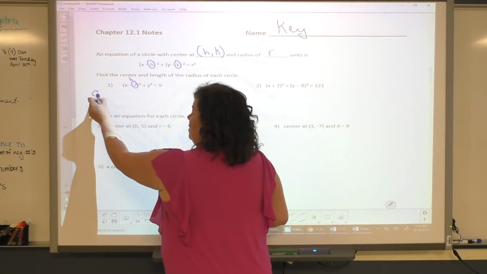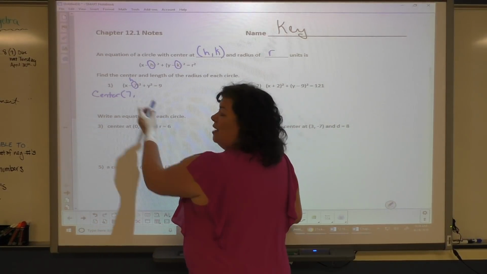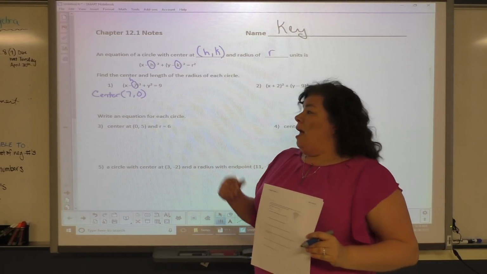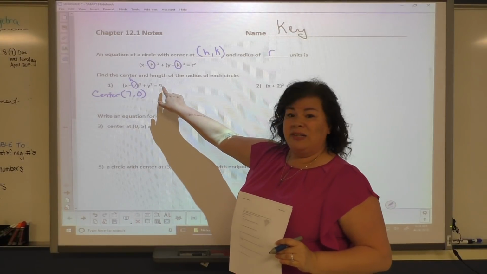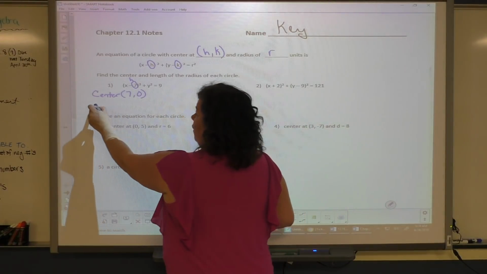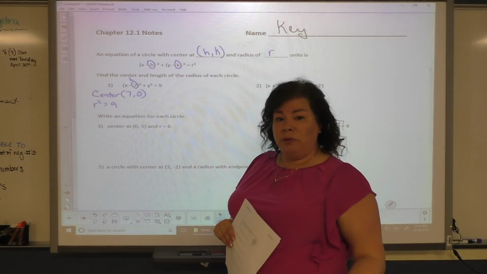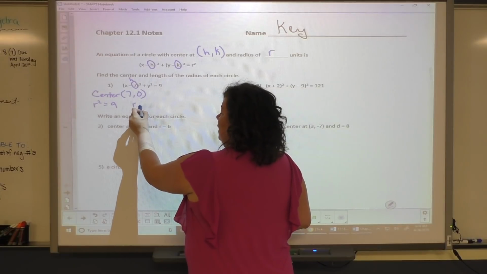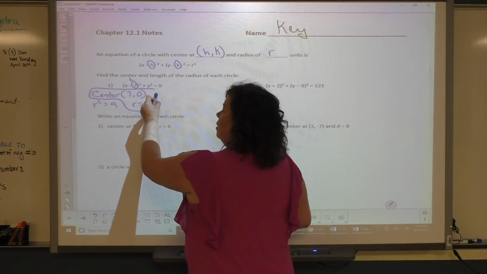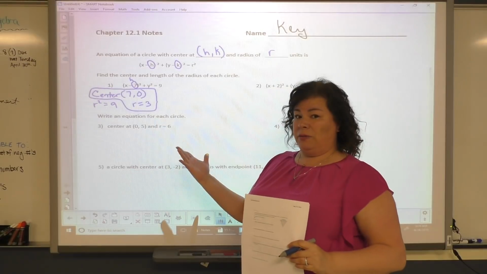So let's identify that our center is going to be 7, 0. And then our radius squared is 9 because that's part of the formula. So if our radius squared is 9, if we take the square root of that, our radius ends up really being 3. So these are the two things that they want us to find, the center and the radius. And that's all we do.